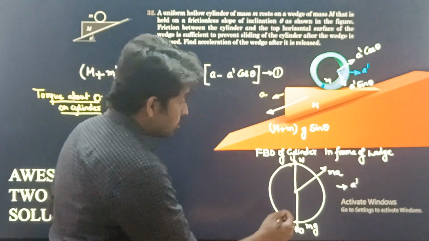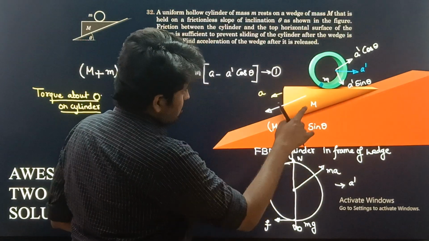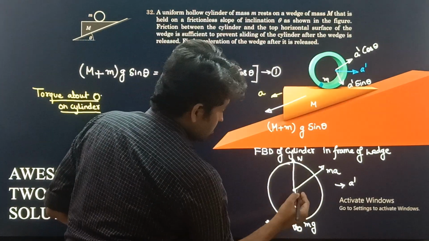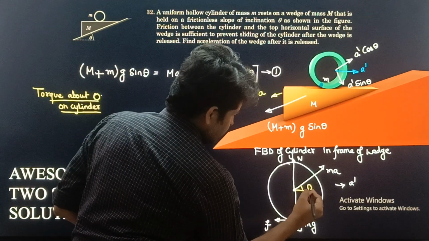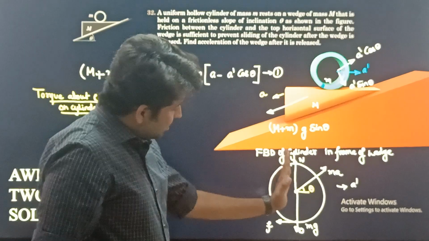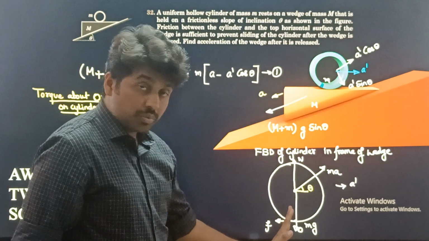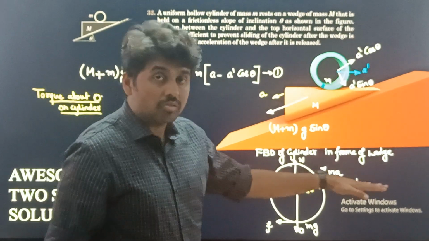The torque due to ma sin theta is 0 because it is passing through this point. There will be a torque due to ma cos theta.